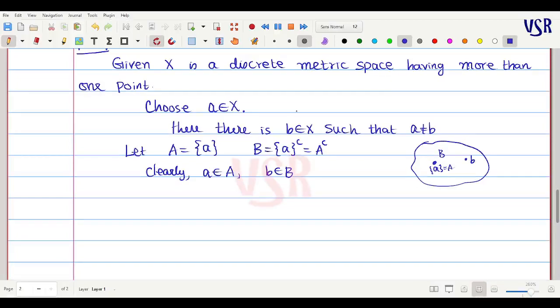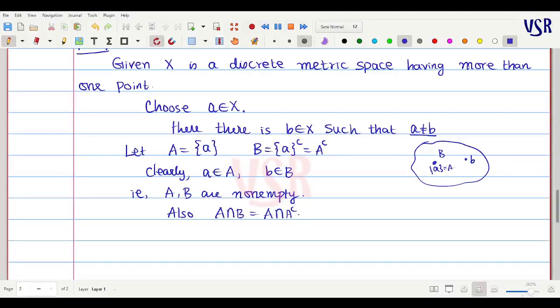There exists some point A. So A and B are non-empty. Also, A intersection B is equal to A intersection A complement, since B equals A complement.